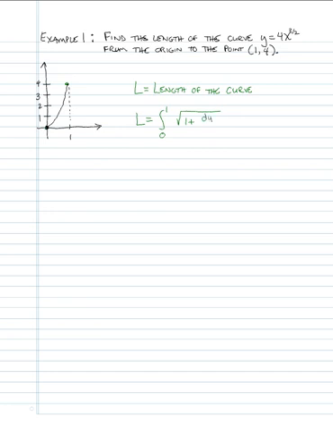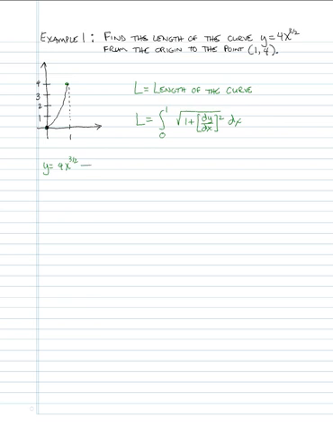The derivative in this case we'll write as derivative of y with respect to x, since we don't have any f sitting around. And of course, this whole integral is with respect to x. So we've got to find out what dy dx is. Remember that y is 4 times x to the 3/2 power.